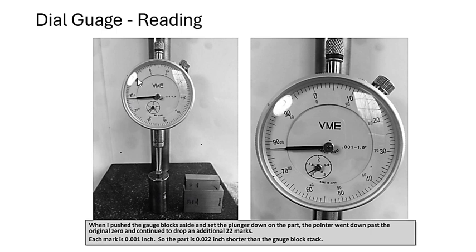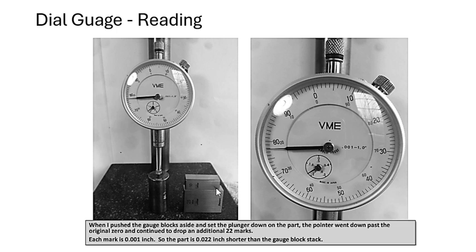So this is 10 and 20, so it went down 22 marks, and since each mark here is 0.001 inch, you will get 0.022 inch. It went 22 marks down, so therefore you're going to have that measurement, 0.022 inch.